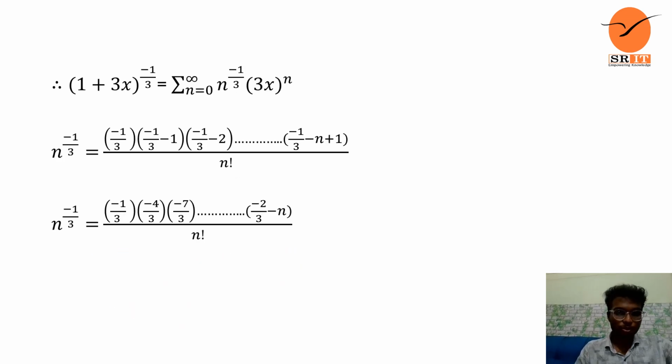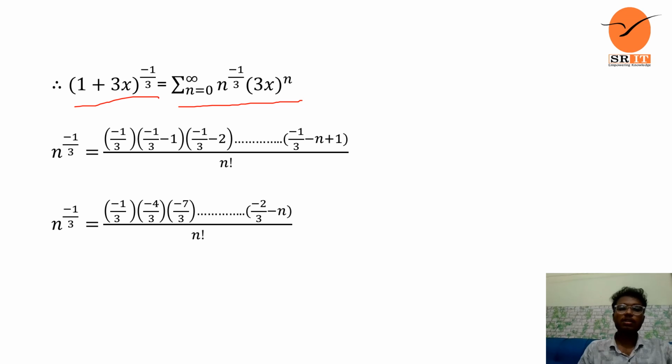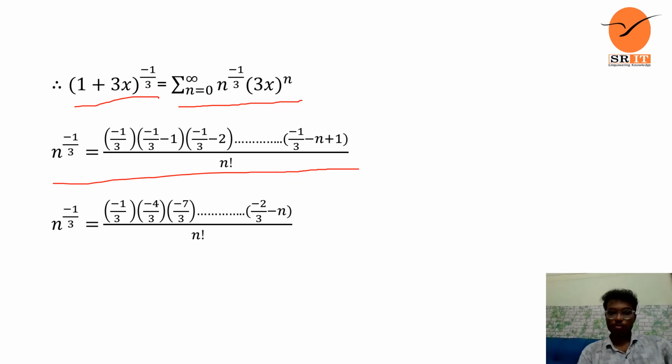So after the substitution, (1 + 3x)^(-1/3) = sigma n = 0 to infinity C(-1/3, n) (3x)^n. And for this, after expansion we get C(-1/3, n) = (-1/3)(-1/3 - 1)(-1/3 - 2)...(-1/3 - n + 1) divided by n factorial.